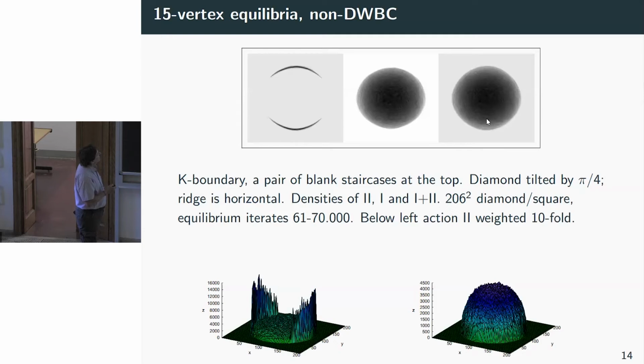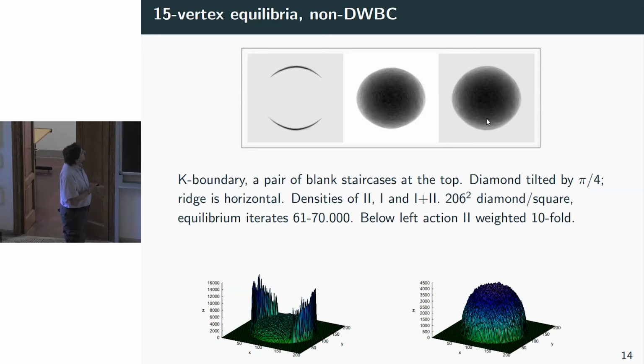Sorry, action 1 takes place. And here's just a reminder for you. 2 is the one where you had this L-shaped thing which flips over like this, and the other side is unoriented edges. And 1 is the action which flips fully oriented loops.